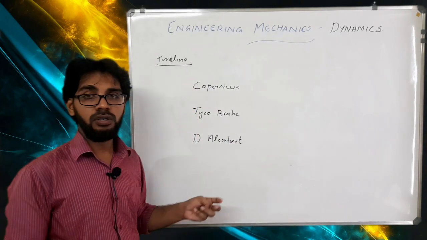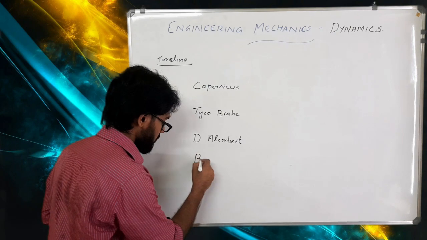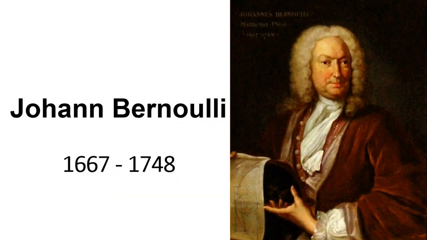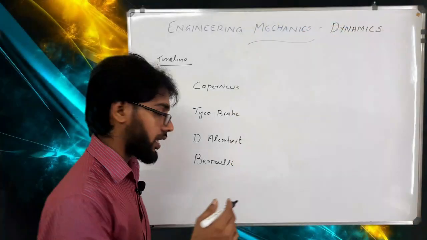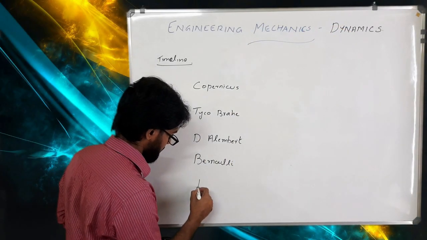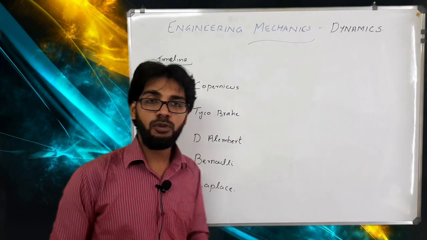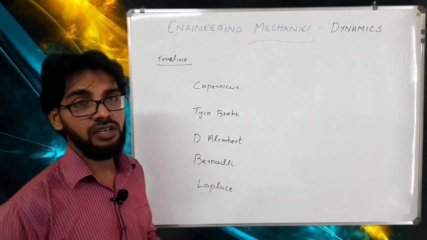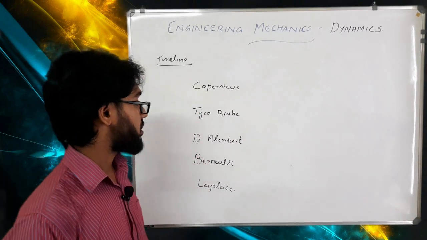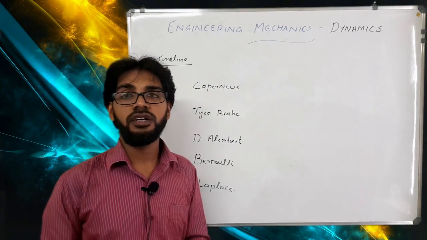Besides this, we have Bernoulli, whose contribution to the fluid mechanics is well known, and we have Laplace. So these are some of the other personalities which we cannot neglect in the history of dynamics.